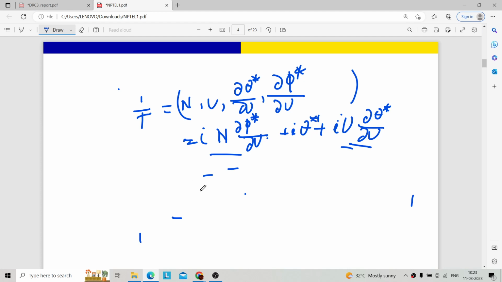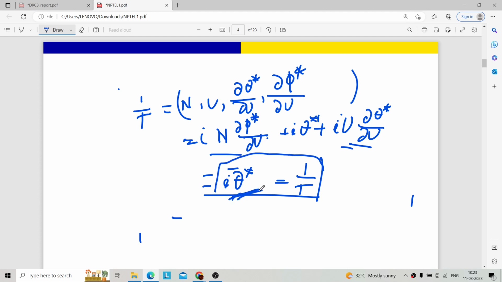So effectively you will get I theta star as 1 over t. So you see this variable theta is not any unnecessary variable. This depends on the temperature, which is a measured variable for our system.